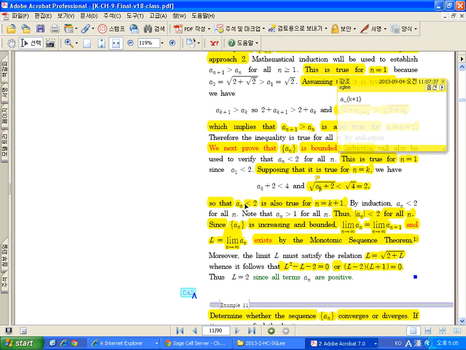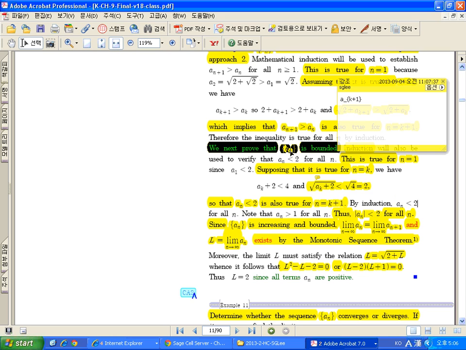This is satisfied for the case n equal to k plus 1. So by mathematical induction, we can say the nth term is less than 2. So all the terms are less than 2, which means the sequence is bounded.